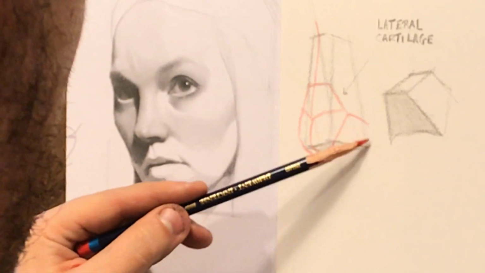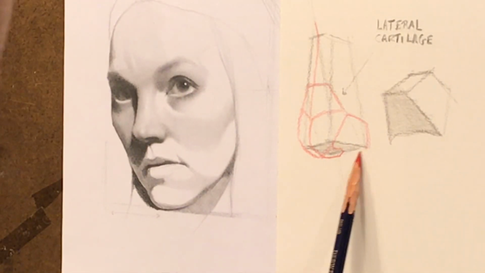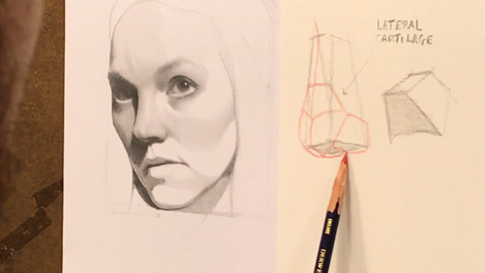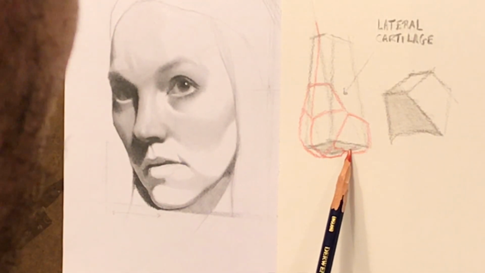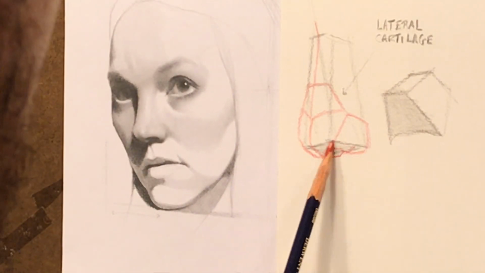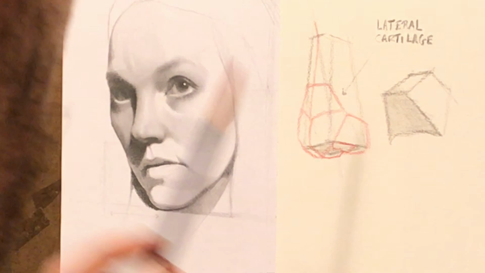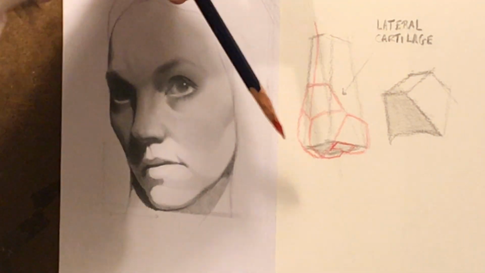This is pretty much the outer edge of the nostril that comes down like so. And this shape also tucks around, something like this. This might be a little bit wider right here.